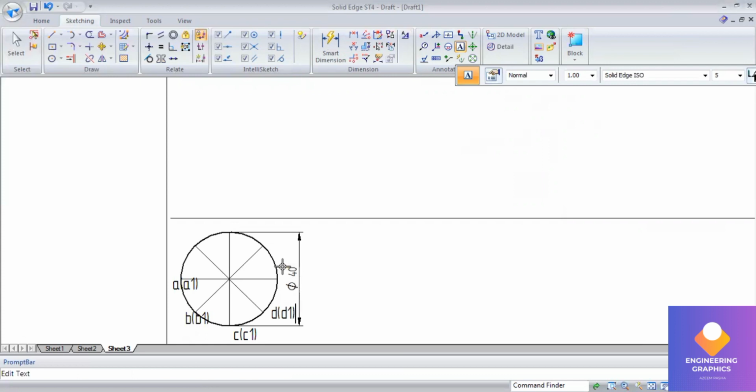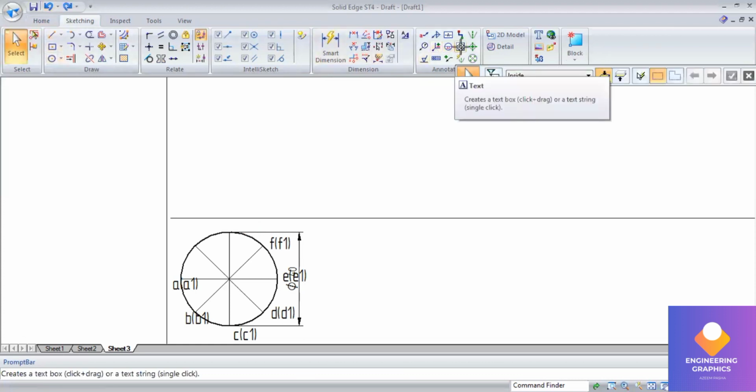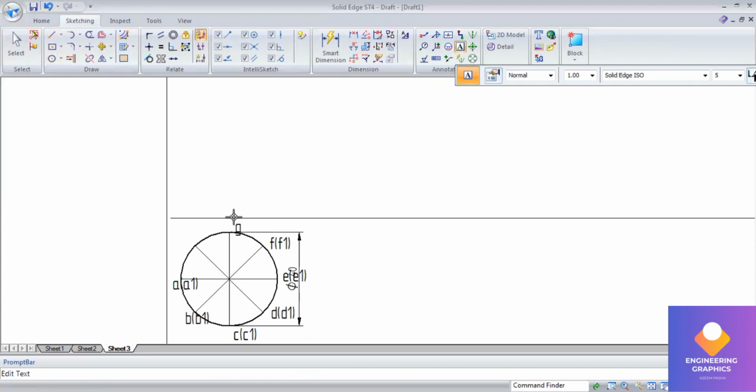Same way you can write the notations here. And go over the center of the axis of the cylinder.